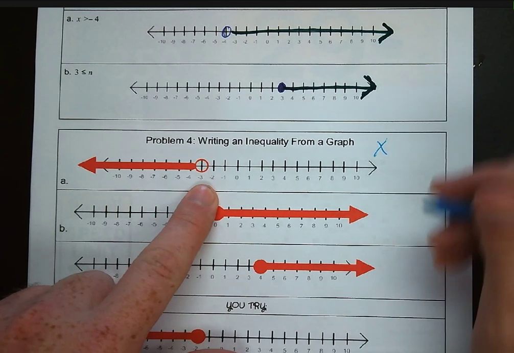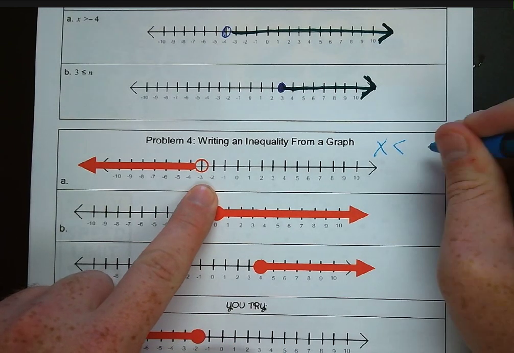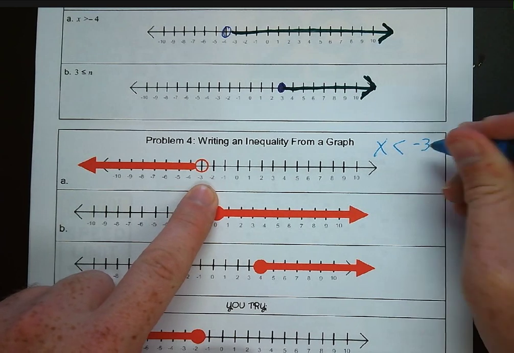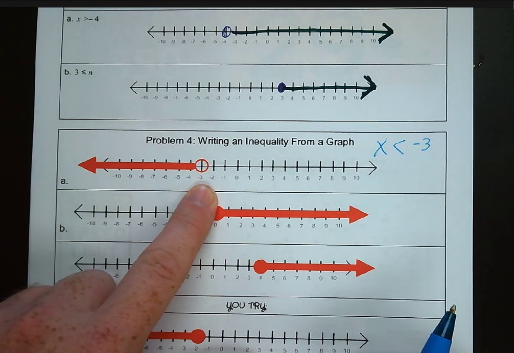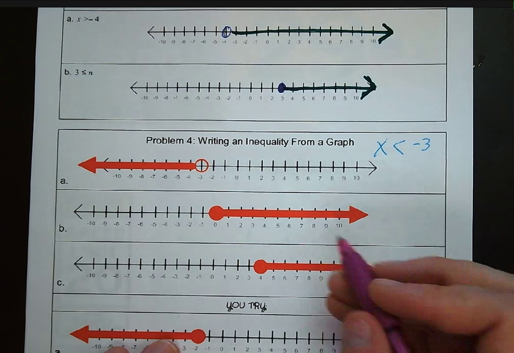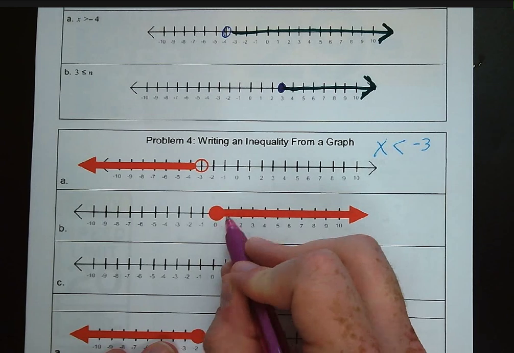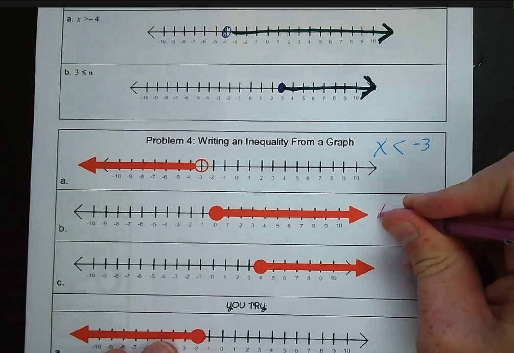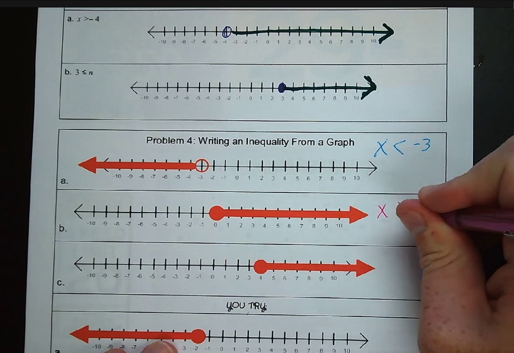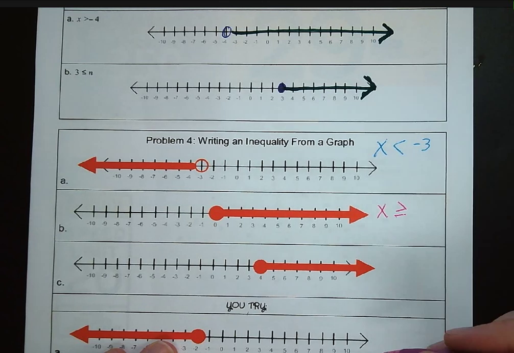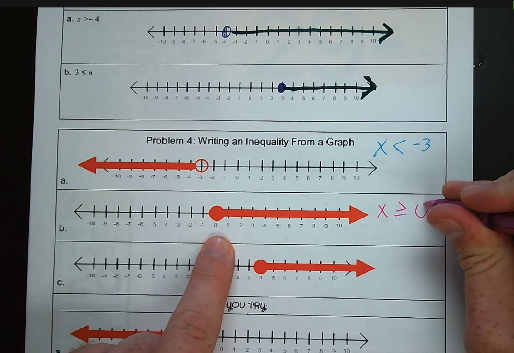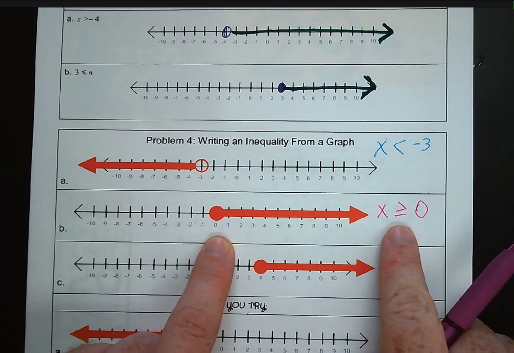So it's going to be less than, and the point is at -3. x is less than -3. Okay. Letter B, we have a solid circle, and it is pointing to the right, so it's going to be greater than or equal to. Our point is at 0, so x is greater than or equal to 0.